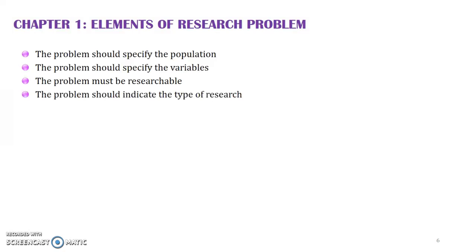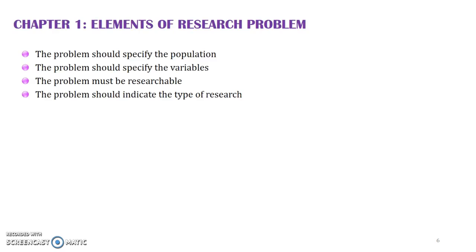Okay, elements of a research problem. A research problem should specify the population who's involved in this problem, and who the key stakeholders are. Are they students? Are they teachers?